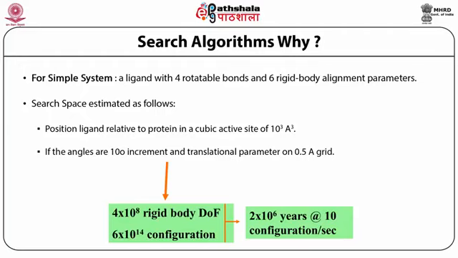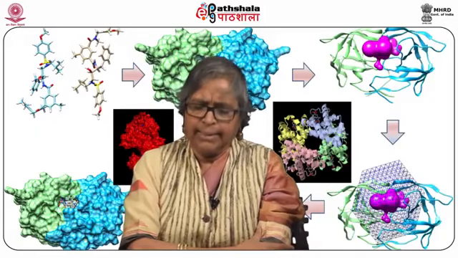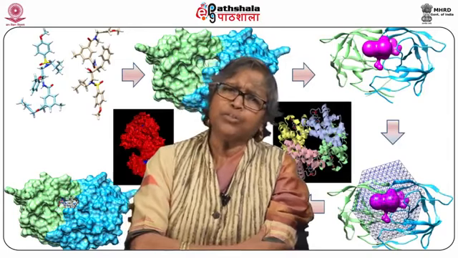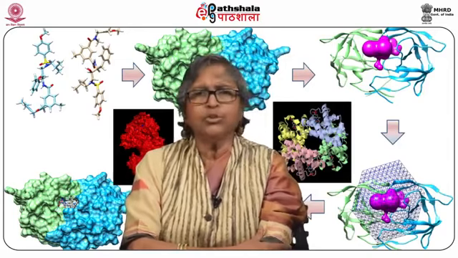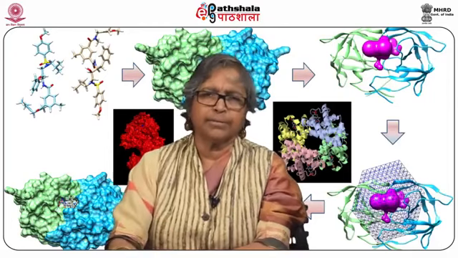If we have 10 configurations per second on any computer for searching and scoring, you require 10 to the power 6 years to do these calculations. Hence, we must find a better strategy than brute force. As I told you earlier, the search algorithm has to be so efficient that it runs a huge amount of calculation within seconds.